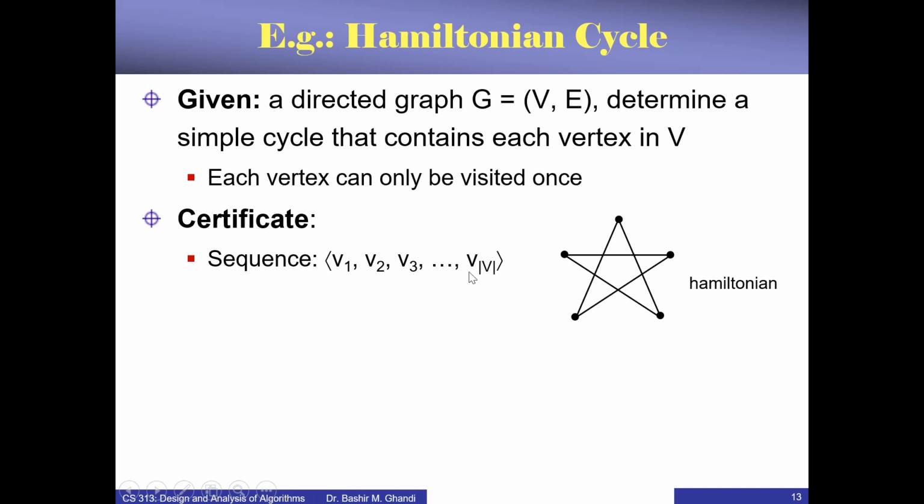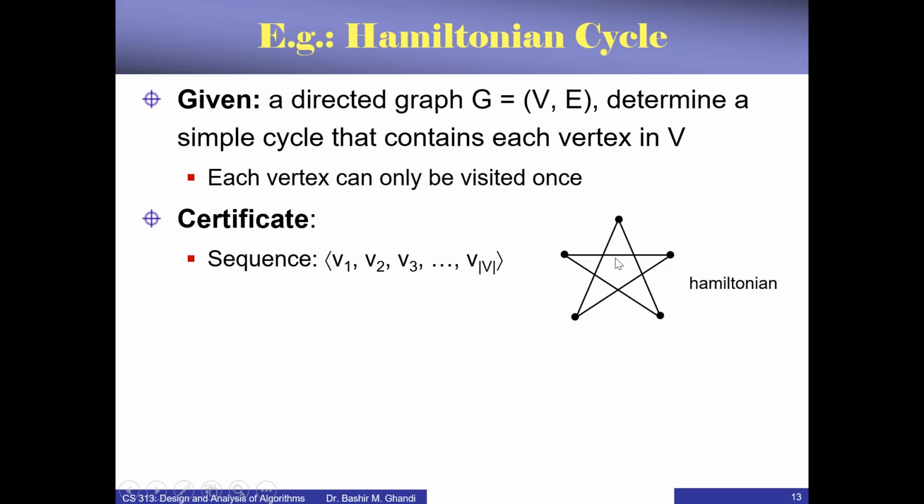All you have to do is check that the vertices in the solution contain all the vertices in your graph. This is step number 1. Step number 2, make sure each pair of vertices, like V1 to V2, is a valid edge in the graph. So clearly this will not run more than n times to check whether the solution is correct. We are given this cycle. You can see from here, we go here, here, here, here. So it is a cycle.